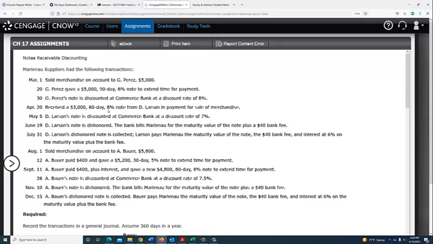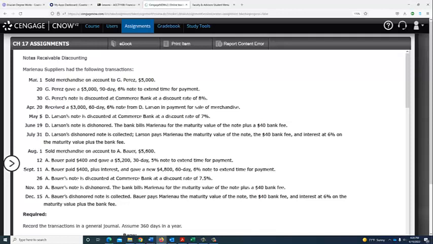The discount days: the note originated April 20th, and we discounted it on the 5th. April has 30 days and 20 past, so that means 10 days in April plus 5 in May. So 15 days have passed on a 60-day note. 60 minus the 15 days that passed leaves us 45 days remaining on that note.